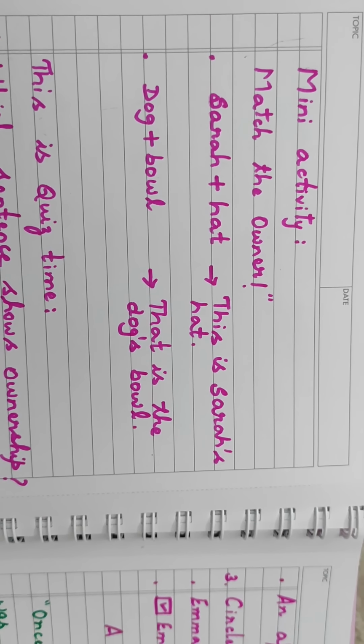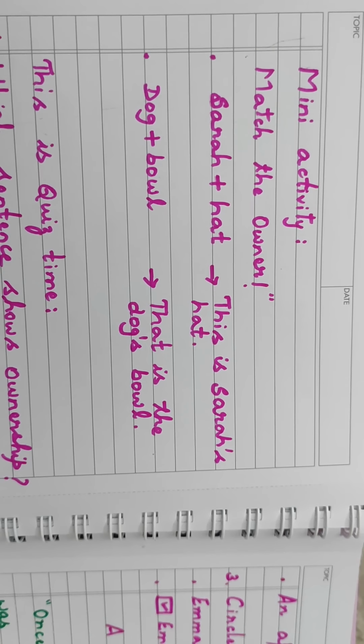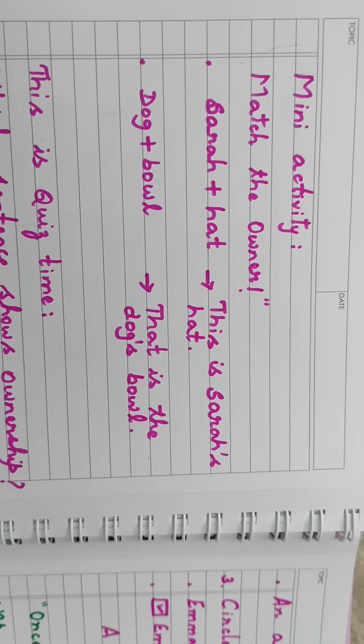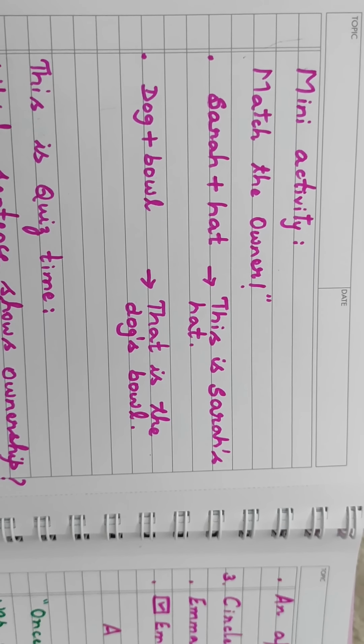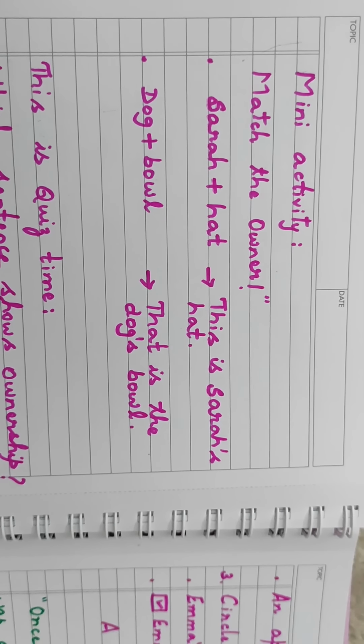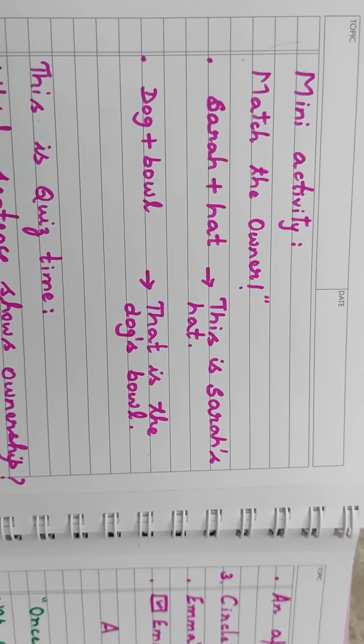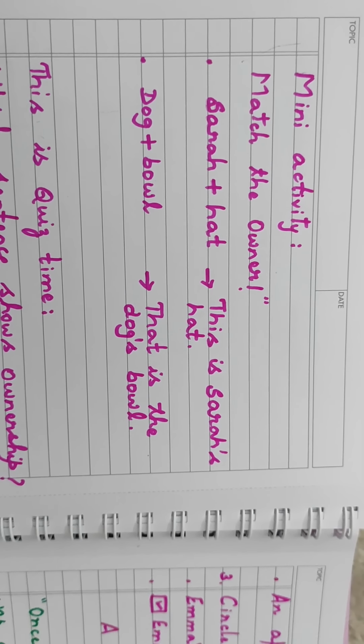Dog plus bowl. This is the dog's bowl. So here D-O-G apostrophe S bowl means the bowl belongs to the dog.